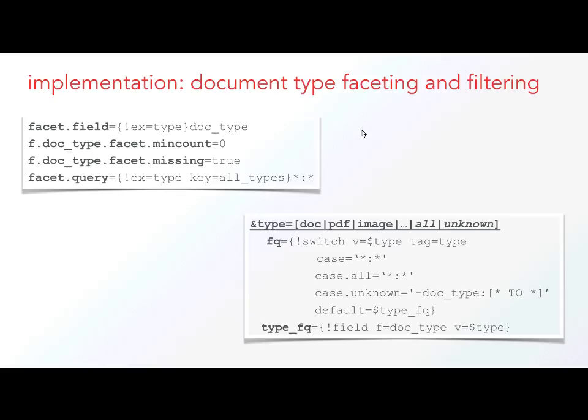And there's one other tricky thing here about faceting on doc type. We want also for there to be a special type or navigation available for all types. And we achieve that by using the facet.query technique. The facet.query allows us to provide an arbitrary query, star colon star in this case, so all documents.